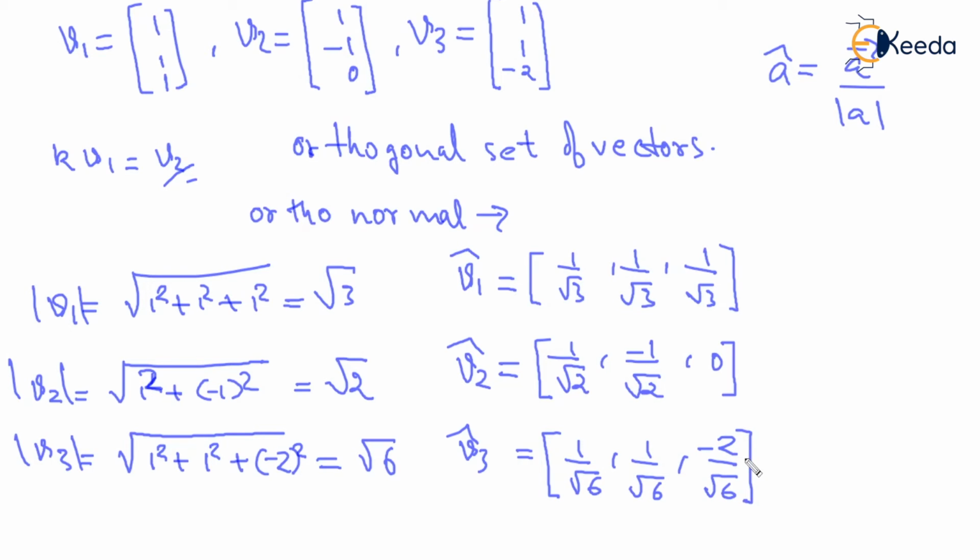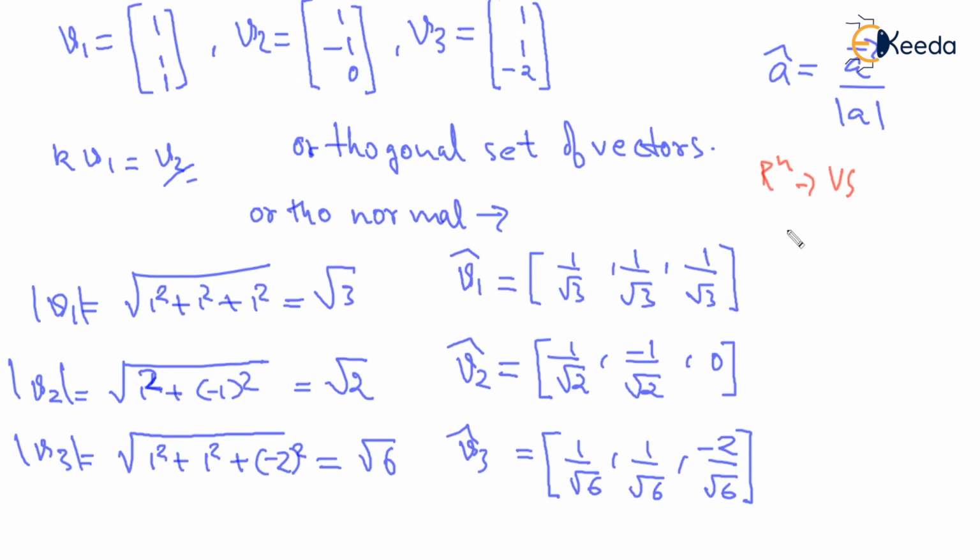Now they have asked to form an orthonormal basis. What is a basis? We have learned in vector spaces that for an n-dimensional vector space we need n linearly independent vectors to form the basis, because if they are linearly independent, they will span the vector space Rn.